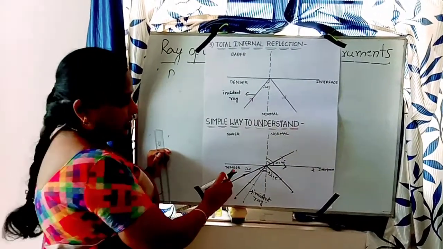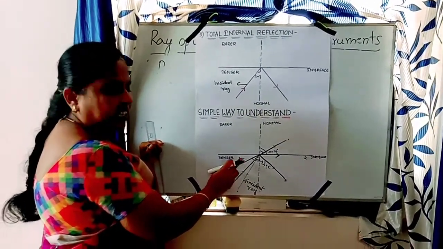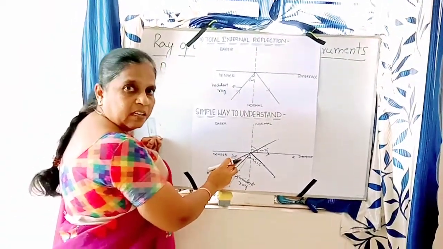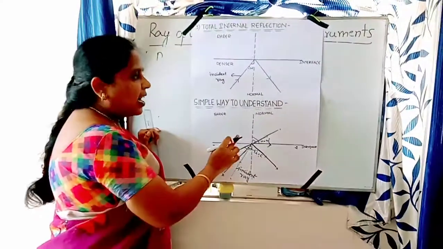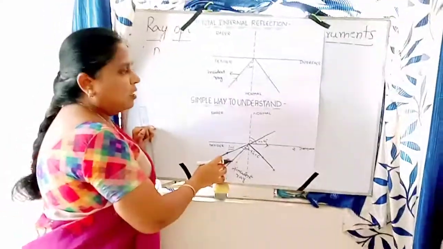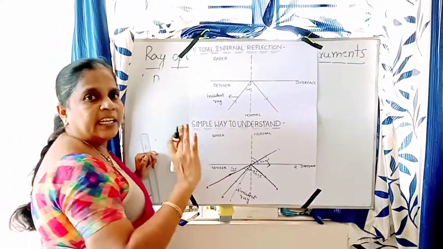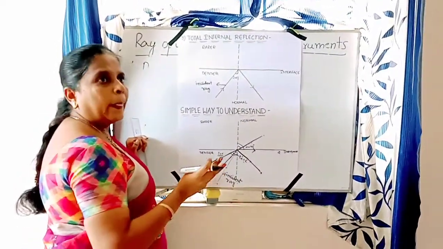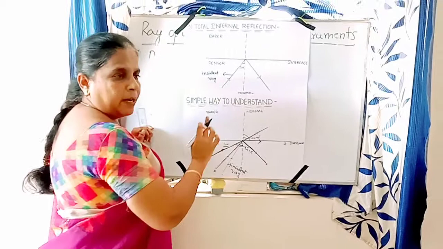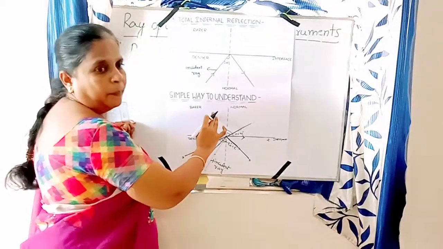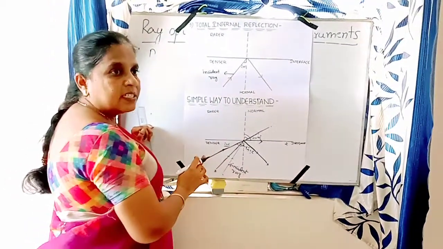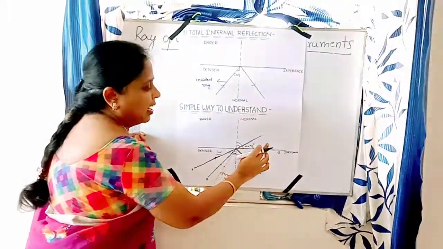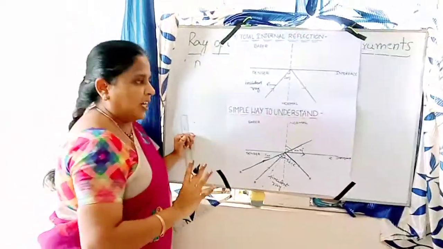Here I is greater than C. That means the angle of incidence is greater than the critical angle. So these are the two conditions for total internal reflection. The first is that light must travel from the denser medium to the rarer medium, and the second is that the angle of incidence is greater than the critical angle.